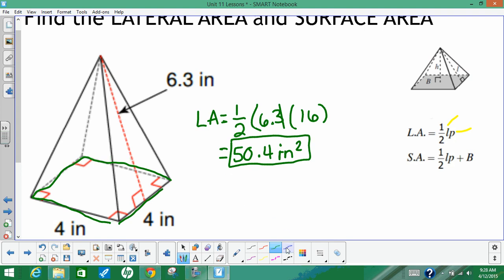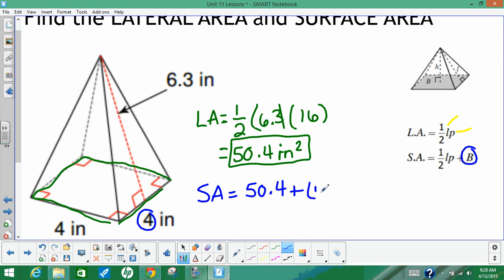In order to get the surface area, we can take this lateral area, the 1/2 LP, and we can add to it capital B, which again is the area of the base. So if you don't remember, you can look on the formula sheet. The area of a square is just this side length squared.